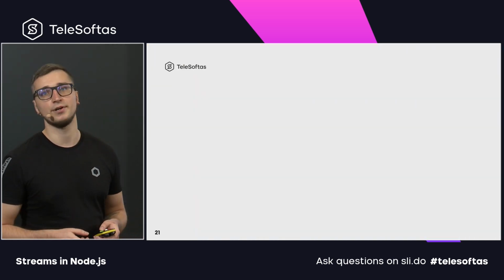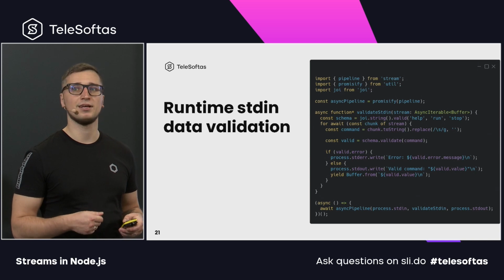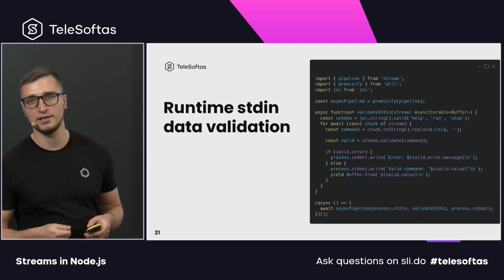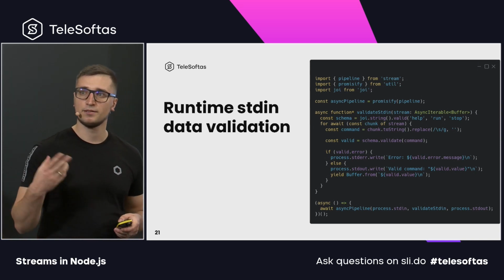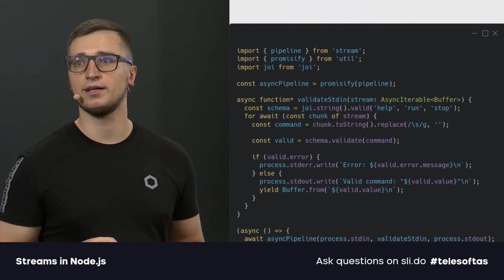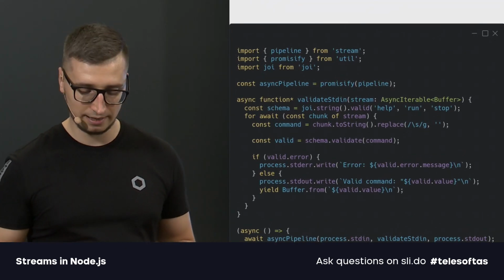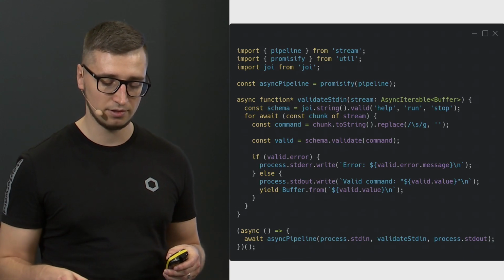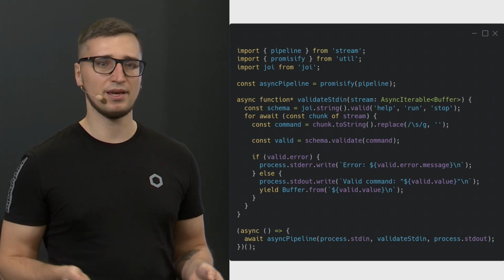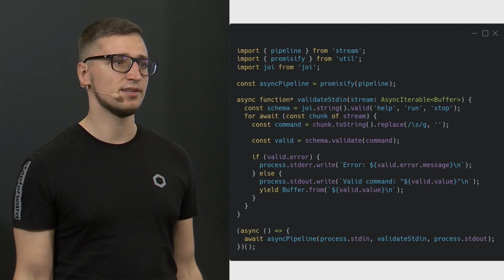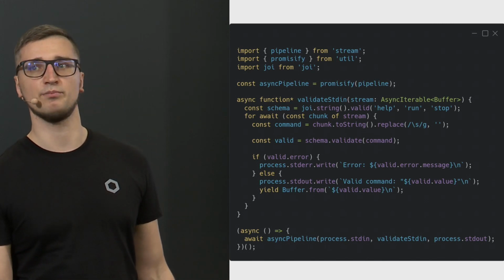So moving forward, let's start with runtime standard input data validation. Imagine a case where we expect an input from standard input, and that input can be anything. We can write any nonsense we want to the standard input.